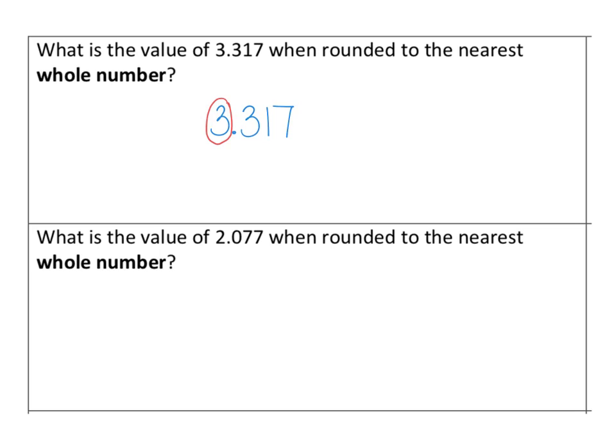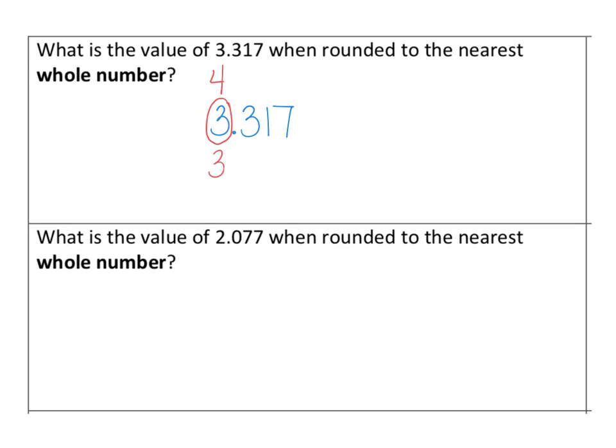Now, we know that 3 and this decimal is either going to round down to 3 and 0 behind it, no decimals, or up to 4 and there's no decimals because we are rounding to the nearest whole number, which is either 3 or 4. So we don't even need the zeros and the decimal.